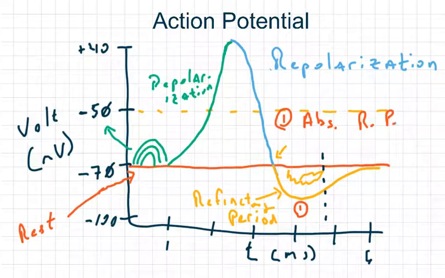And what this means is no matter how much stimulation the neuron is receiving, it cannot generate another action potential, no matter what. The second portion, I'm going to denote here in green, is termed relative refractory period.